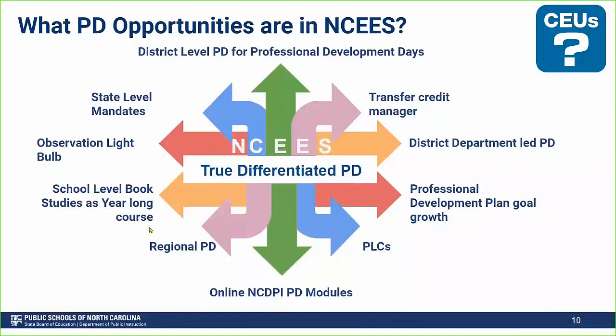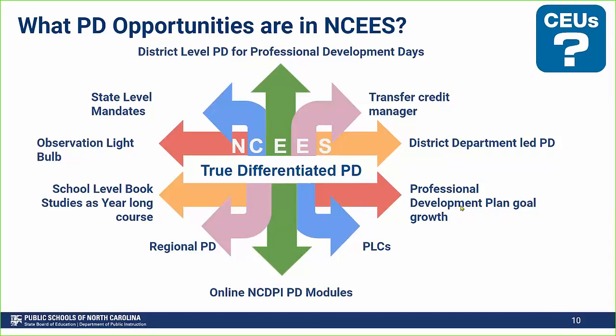So here are some different things that people have used NCEES for. State level mandates: you're doing a presentation or something that's going to earn credit based on a state level mandate. School level book studies could go in as PD opportunities in NCEES. Any regional PD can also go in there. Your PLCs, maybe there are people earning credit.